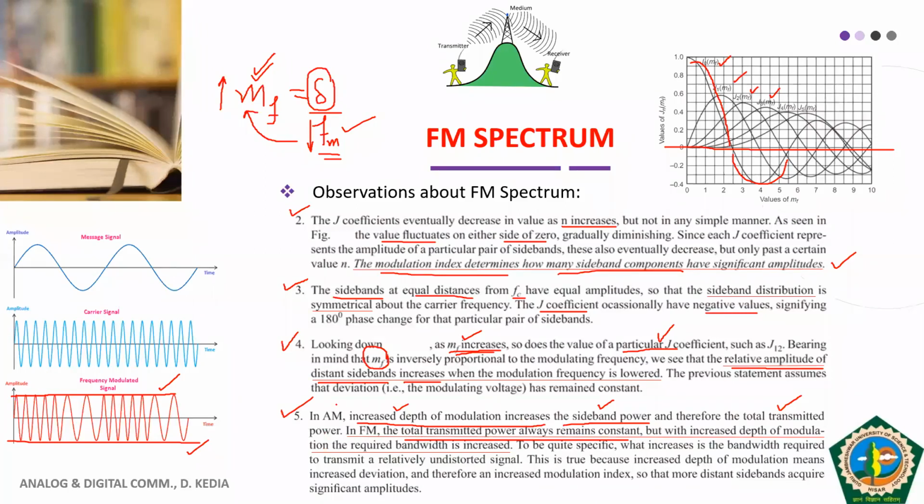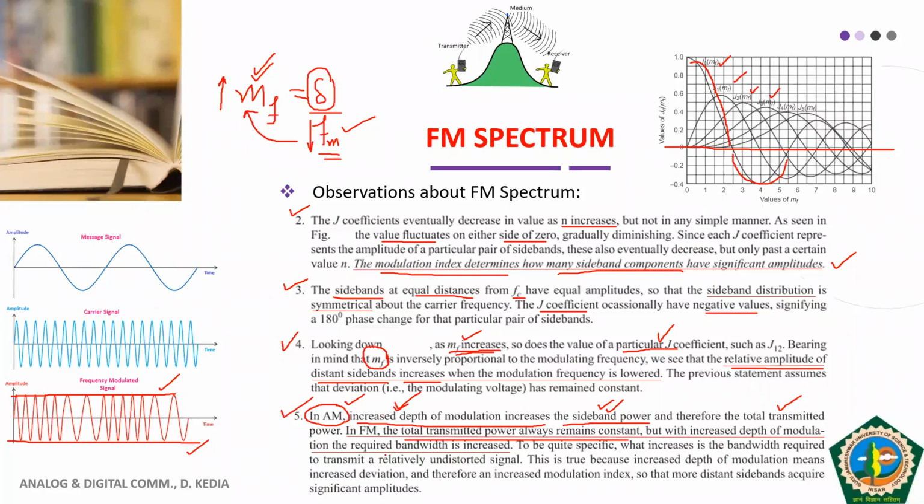In fact, first let me repeat this thing, that in amplitude modulation, if your depth of modulation increases, then your sideband power increases and therefore the total transmitted power. And we all know that in amplitude modulation, your sideband power is dependent on the power of your modulating signal or the amplitude of modulating signal.